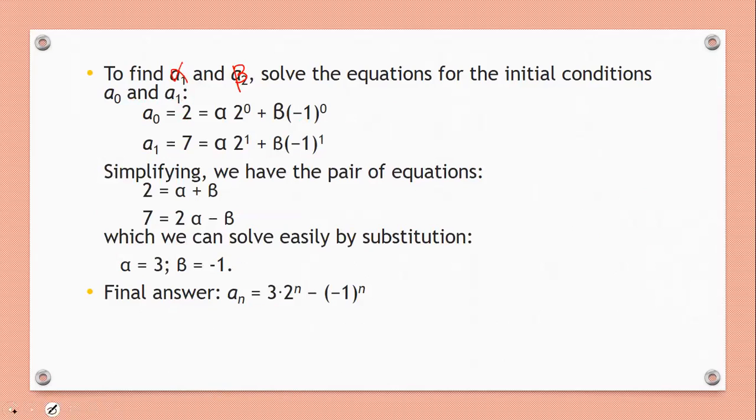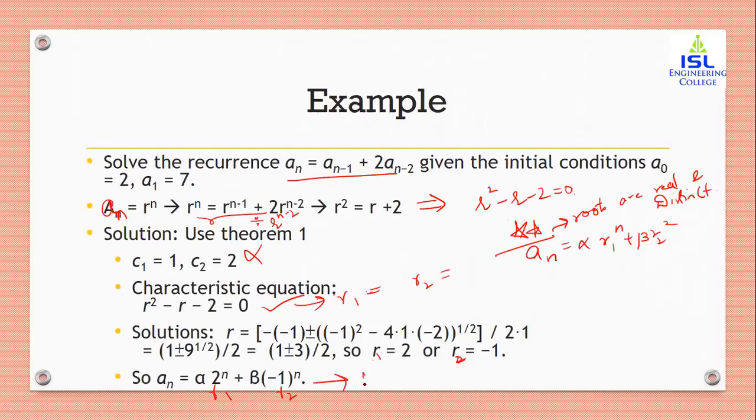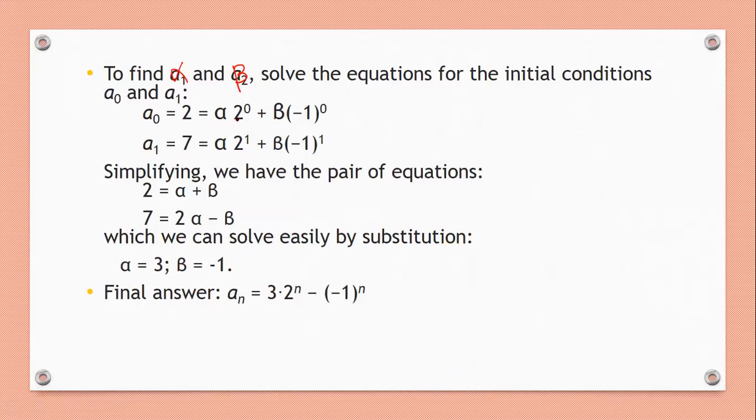So in equation 1, we substitute n equals 0 and n equals 1. Substituting n equals 0, we get alpha plus beta equals 2. Substituting n equals 1, we get 2 alpha minus beta equals 7. Earlier, I had taken 2 as r2 and minus 1 as r1. You can take either, it is okay.